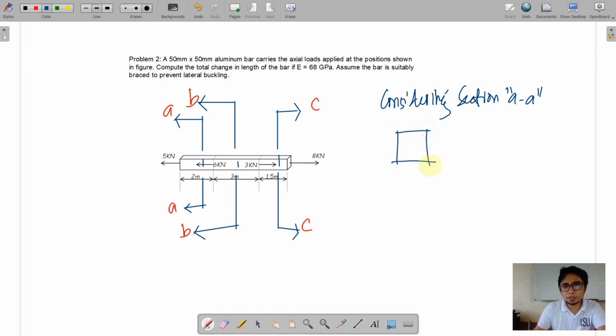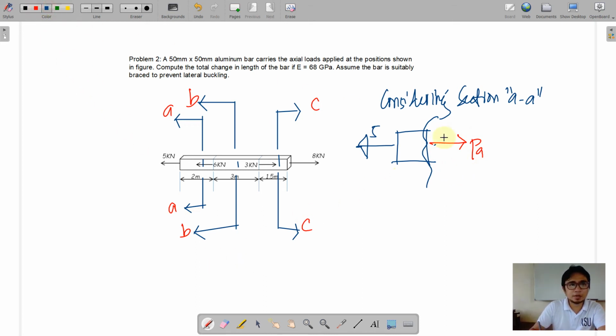So considering the left portion, it can be seen here that we have 5 kilonewton. I'm going to assume a direction and label this as PA.